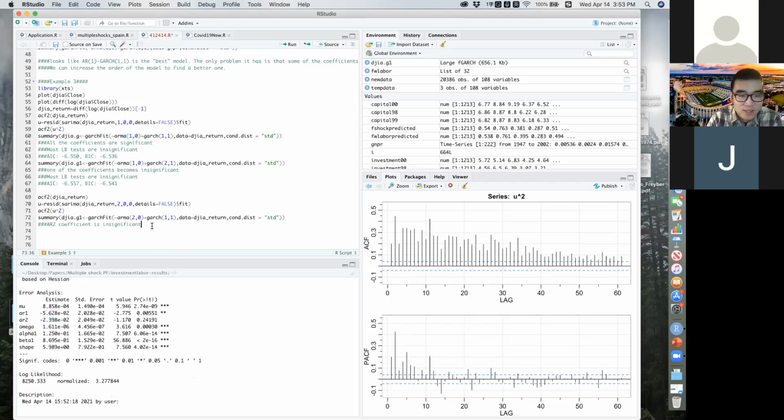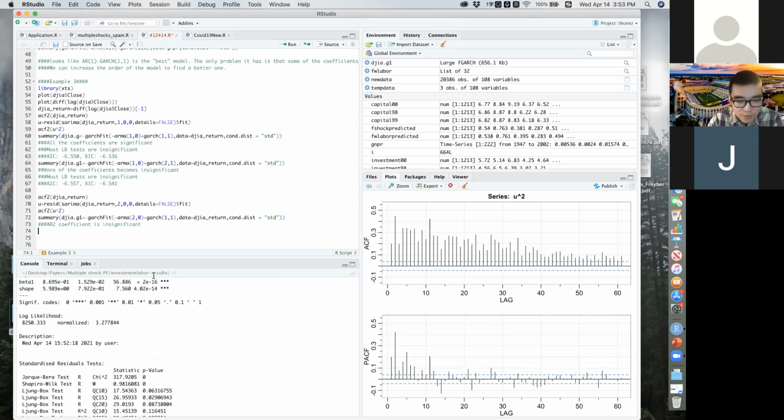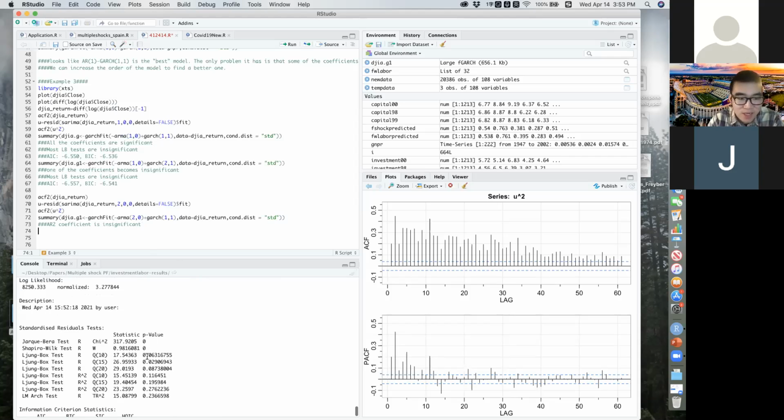Okay, and for completeness, let's check all the LB statistics. And it looks like it's not very good. You can see the second LB statistic is significant. The first and the third are marginally significant. It's definitely significant at the 10% significance level.